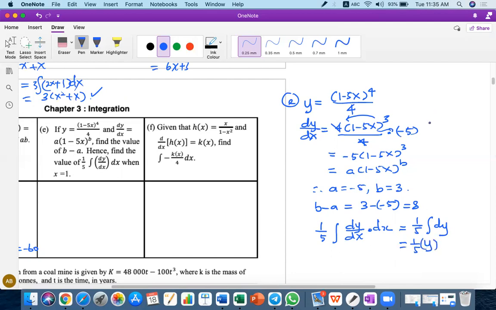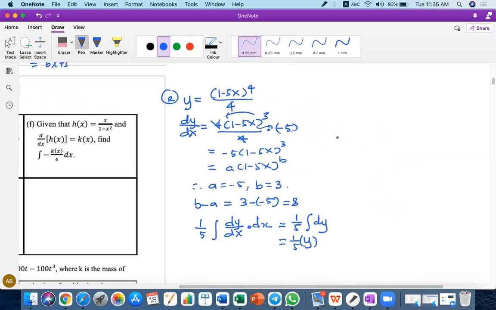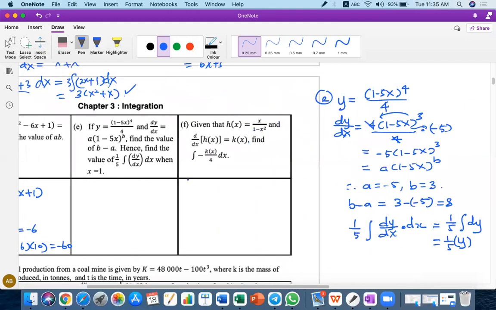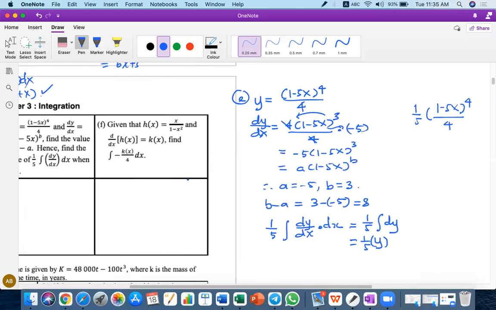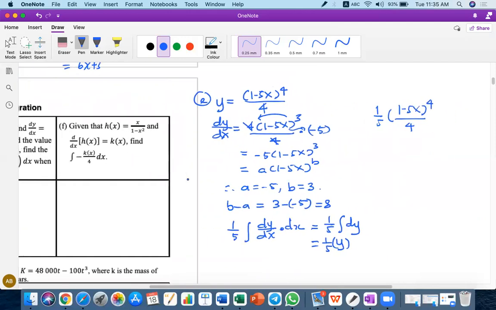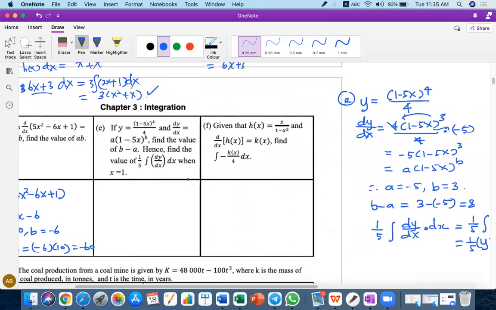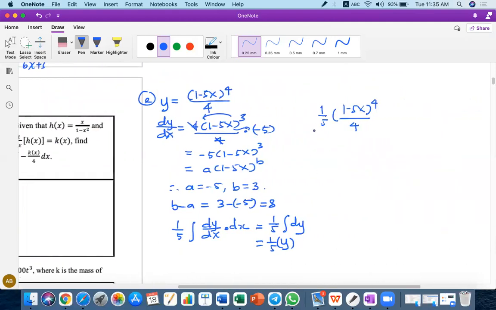So what is y? y is (1 minus 5x) power 4 over 4. The question asks you to find the value of 1/5 of the integral of dy/dx dx when x equals 1. All right, so when x equals 1, that means y is (1 minus 5) power 4 over 4.